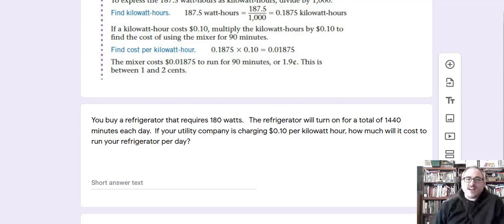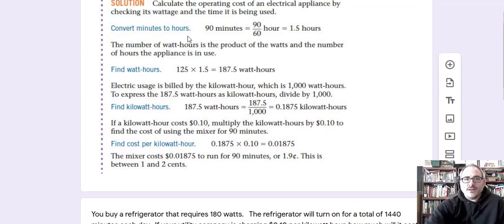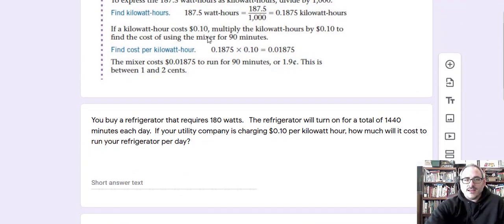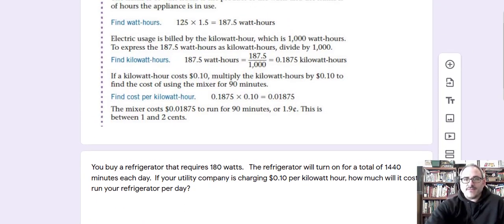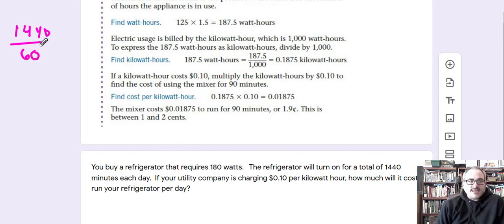All right, great. You paused it. You figured it out. All right, so first our step. Remember from our previous situation, we have to convert minutes into hours, okay? I'm going to use the margins on my paper over here, and I need to do 1,440 divided by 60, right? Because there are 60 minutes in 1 hour.